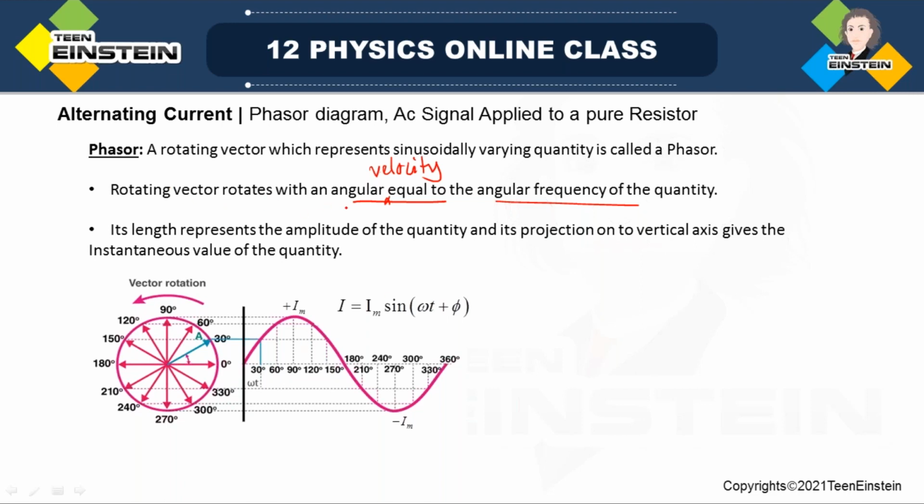So the rotating vector rotates with the same angular velocity as the angular frequency of the quantity. Suppose in this case the angular frequency is omega.